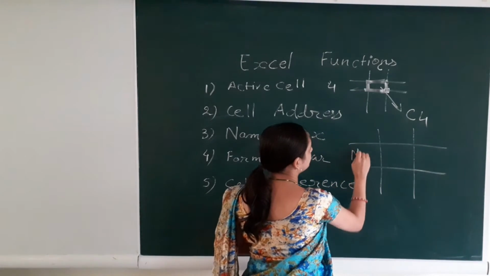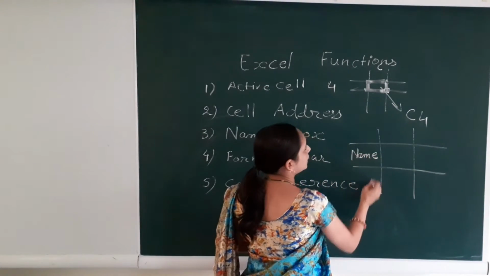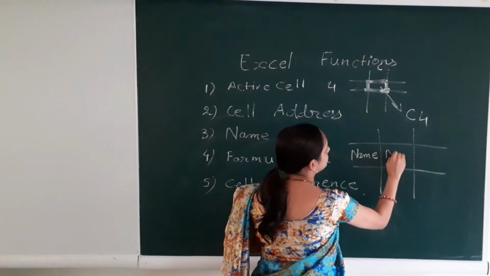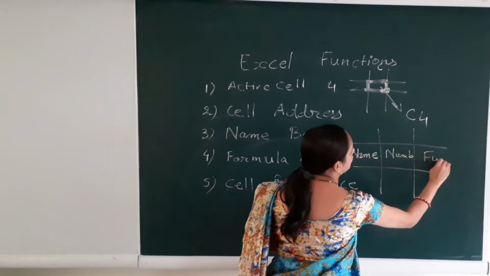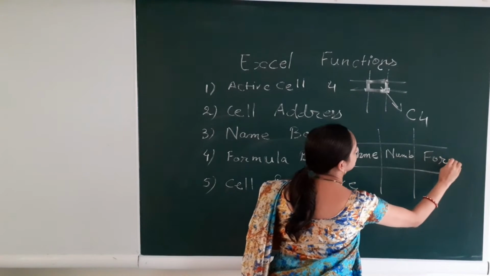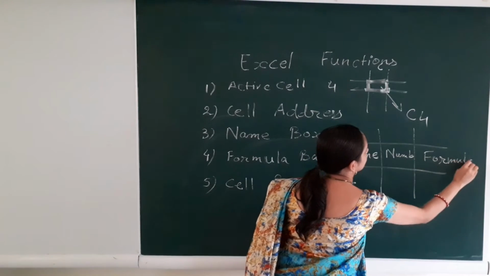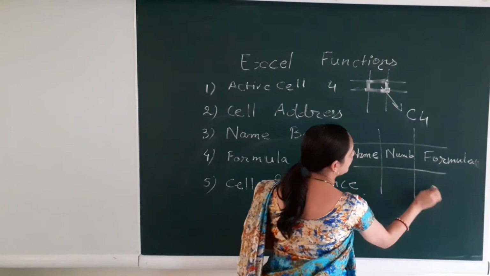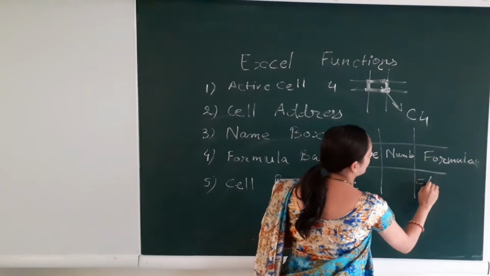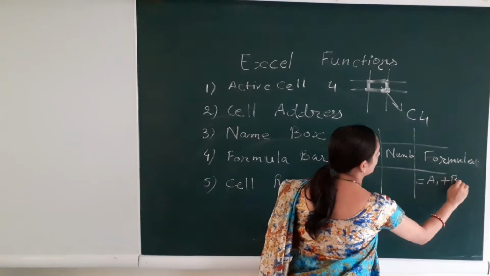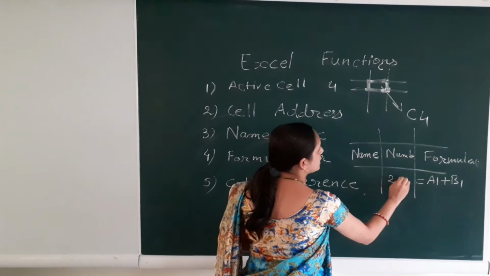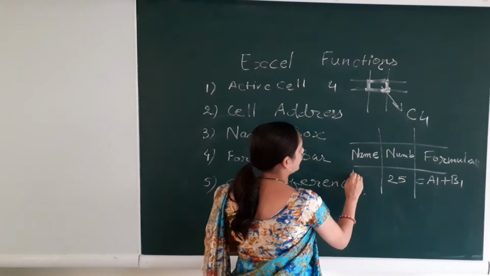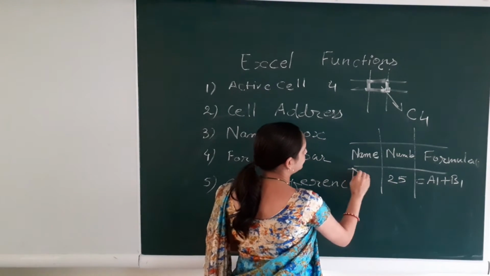Suppose in the cells you have written a name and then a number, and here you have applied a formula. Suppose you have written the formula A1 plus B1. So this is a formula, this is a number, and this is a name or text.